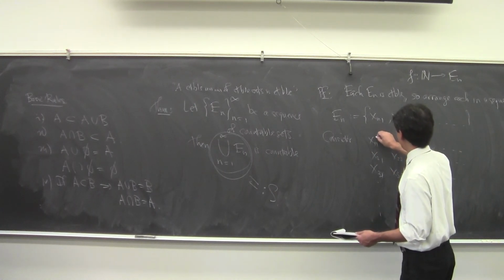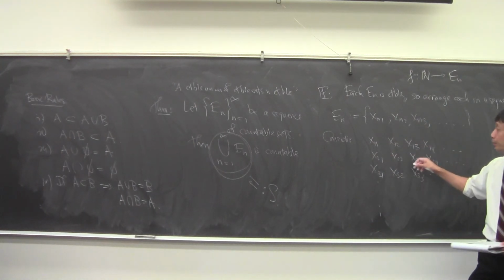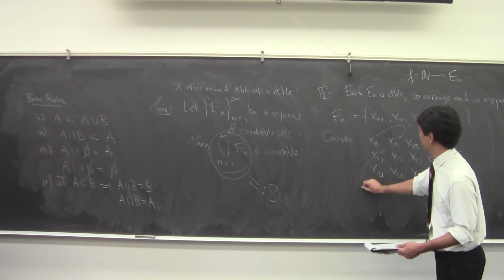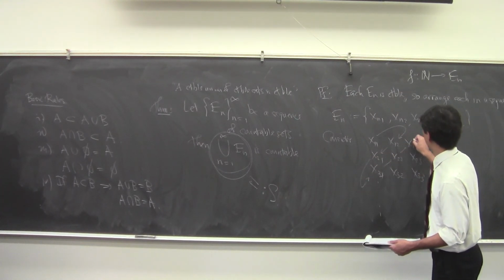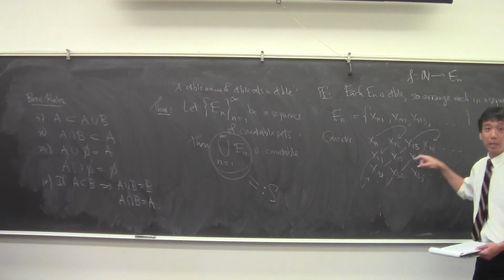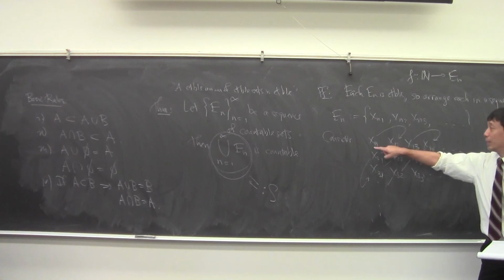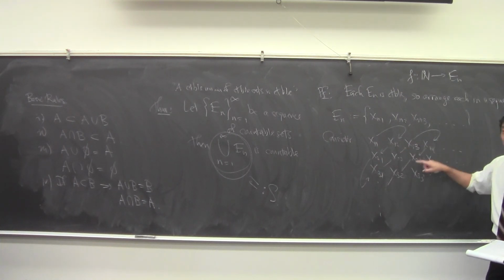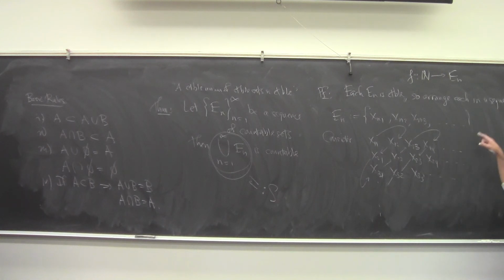I make a list of all the terms. I make a sequence by just winding around. I go like this, come back, like this, and I keep on going like this. I make a long list. This is my first term, my second, my third, fourth, fifth, sixth, etc. Just wind back and forth.